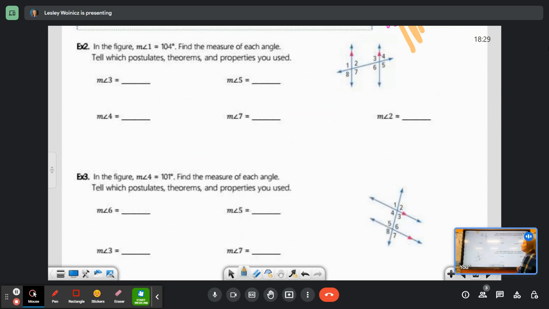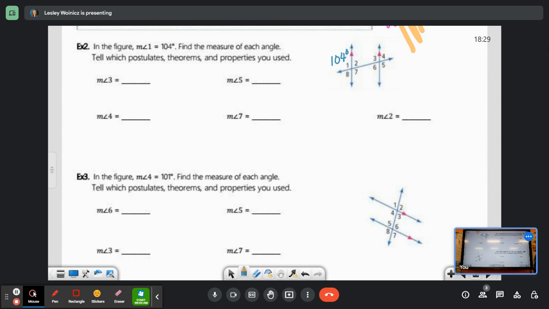So we have this cute little figure, and in the figure, the measure of angle 1 is 104 degrees. We have to find the measure of each angle, and we have to tell which postulates, theorems, and properties we use.